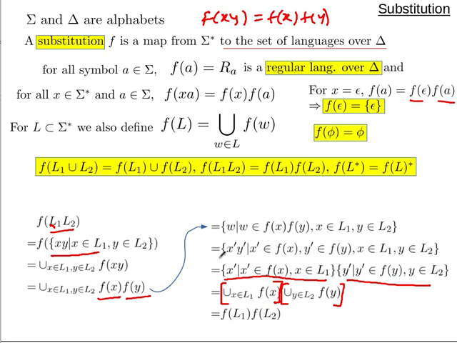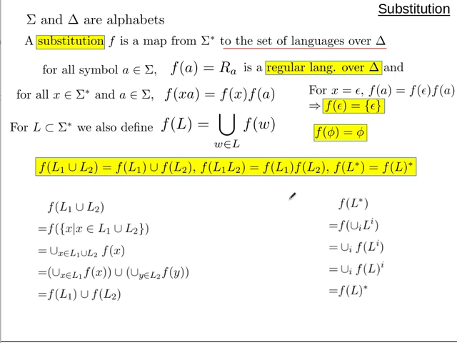So perhaps this was the most lengthy, and once you have this, this is even simpler. So again, I'm not explaining this, it just follows from the definition. So here we have this L1 union L2, and by this definition you take this big union, and you can break this big union over this small union here, and then this is f of L1, this is f of L2.